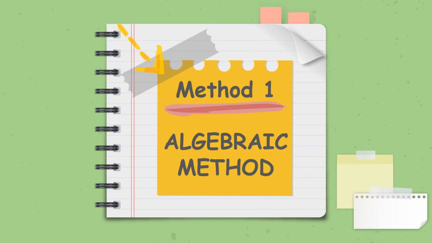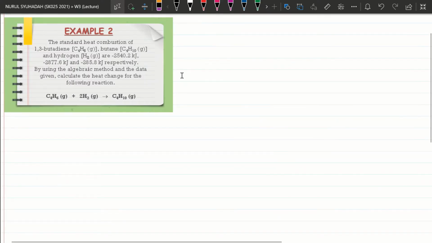So let's go. Since we do have the target equation over here, what you need to write down right now is all of these terms. We need to write down the equation for combustion of 1,3-butadiene, combustion of butane, and combustion of hydrogen.